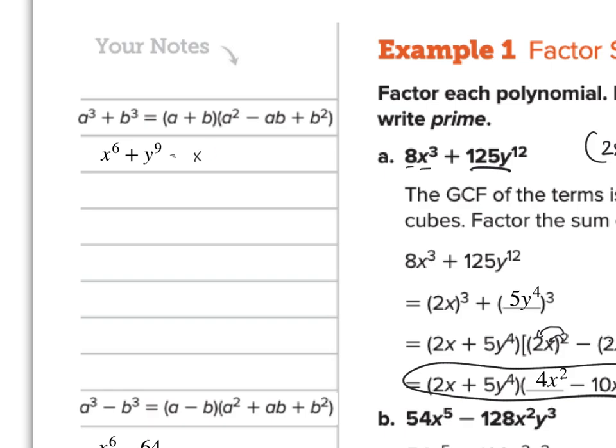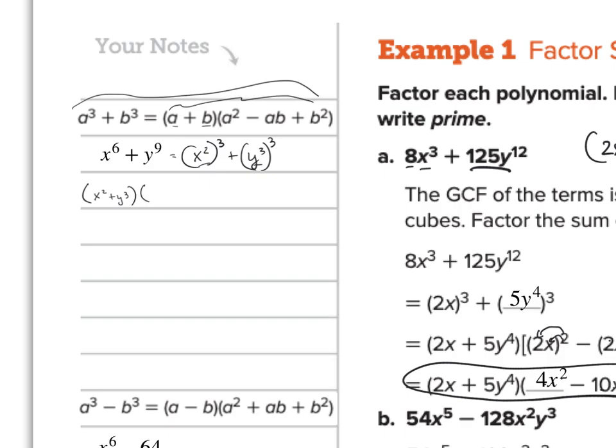So now I can see what my a and b are, following this pattern right here. I would have x squared plus y cubed, because that would be my a and my b.